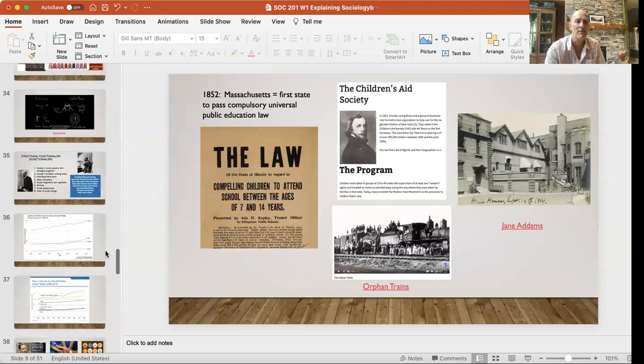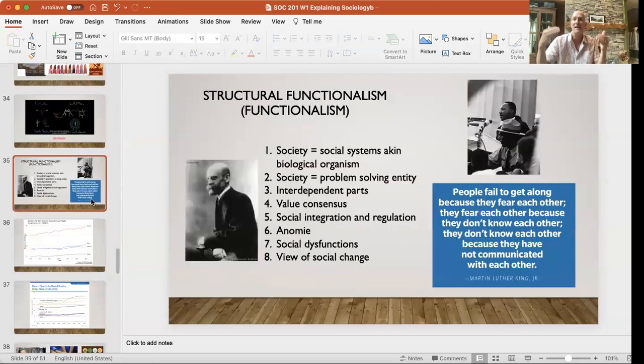So the viewpoint of a functionalist perspective is that society is a problem-solving entity. A problem arises, and if the problem gets significant enough that it's challenging the system, there's work to correct for it or address that particular problem.